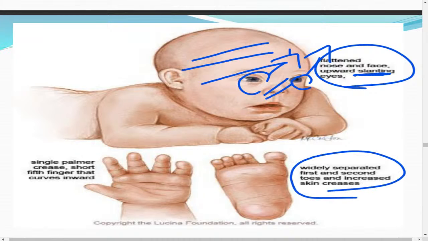Then in this next description about the legs, we have widely separated first and second toes. First and second toes widely separated.